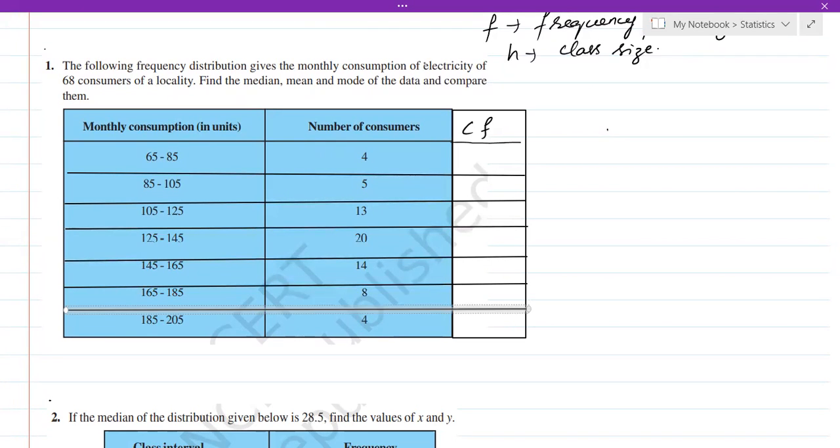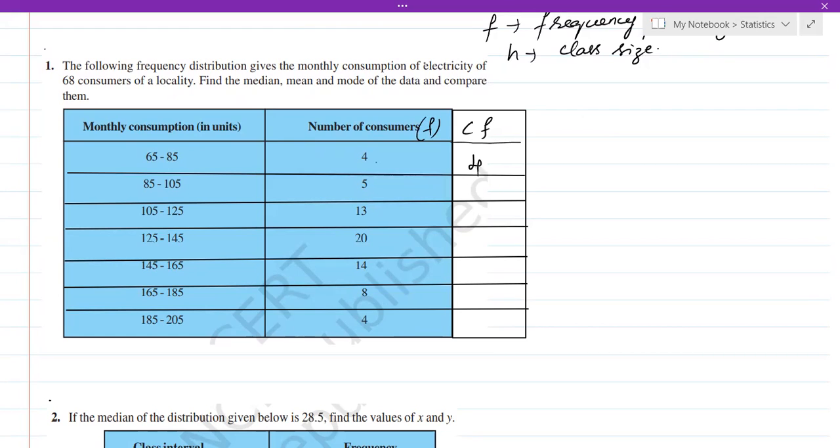Now, what is cumulative frequency? Cumulative is simply adding up, right? So for CF, the rule is very simple. Let's keep the first value of F, the frequency, as it is.